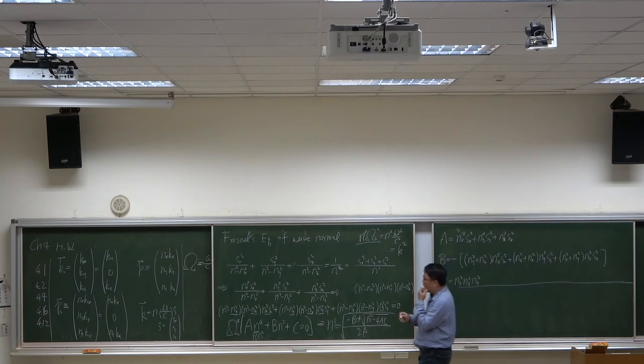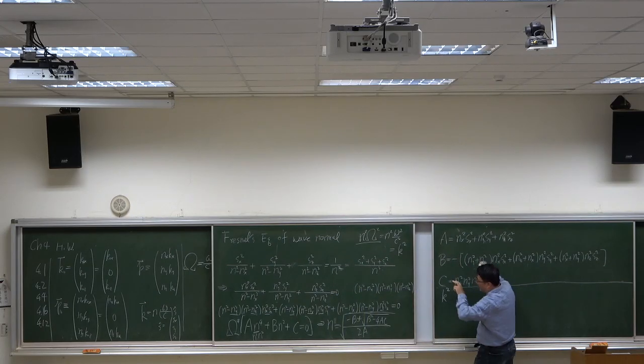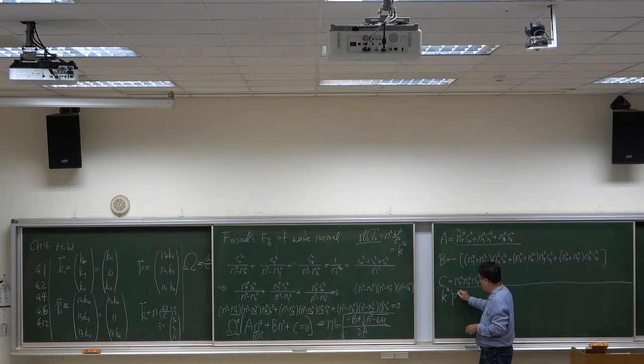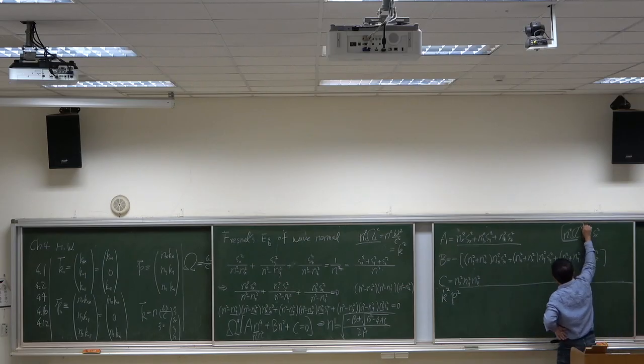And then we have omega squared times n squared times this. And what is this? This is just p squared, because n squared times omega squared times nx squared times sx squared is k squared, okay?